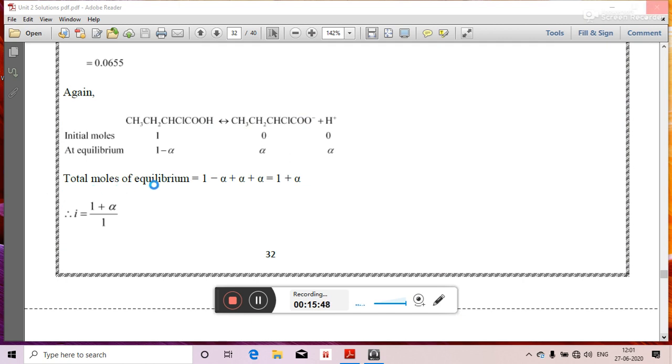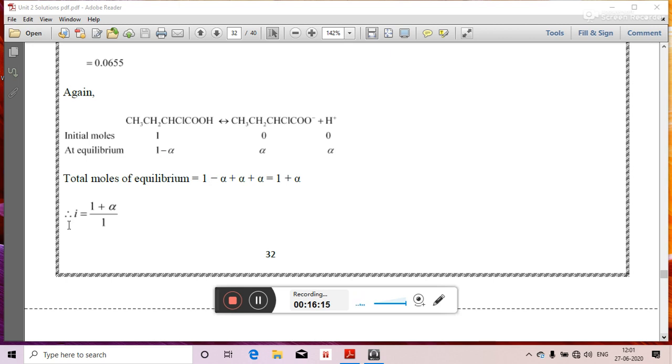The total number of moles at equilibrium is the total of reactant and products, that is 1 minus alpha plus alpha plus alpha. The negative alpha and one positive alpha cancel, so we get 1 plus alpha.